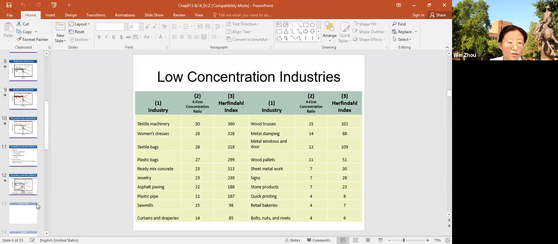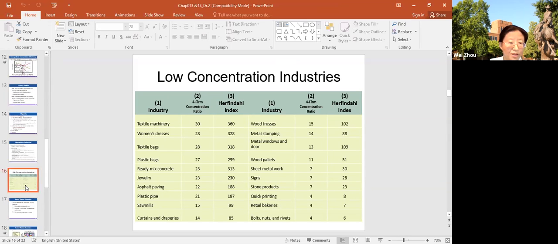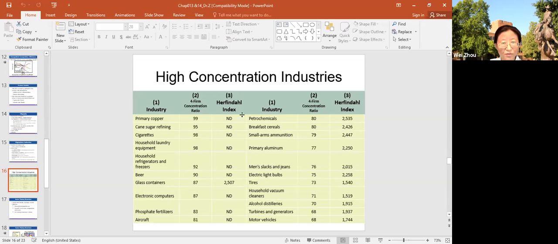And we also have some industries that are very highly concentrated. For example, primary copper. If you want to own that company or do that business, you probably need to invest a lot of capital in the machinery. That's why the top four firms in the US take account of 99% of the market.